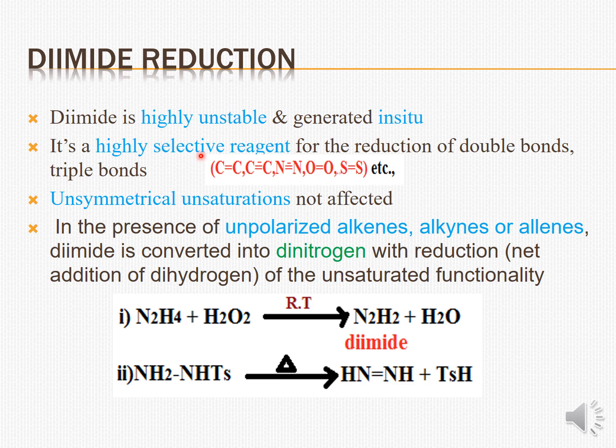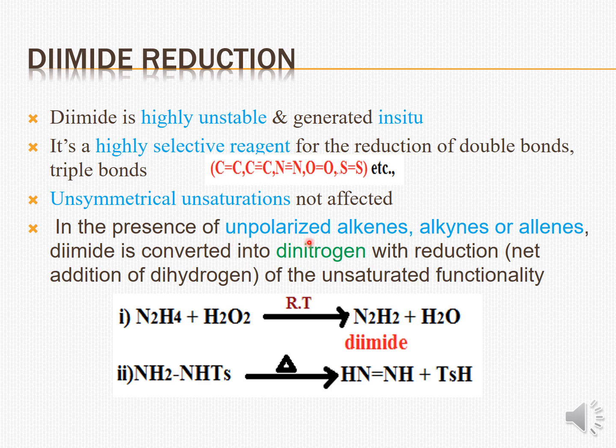And then moving on to the next point, it is a highly selective reagent for the reduction of double bonds or triple bonds, that is your alkenes, alkynes, nitriles, then oxides and disulfides. Okay, so double bonds can be reduced to single bonds, triple bonds can be reduced to double bonds, etc. Unsymmetrical unsaturations will not be affected by using this diimide reduction reaction.